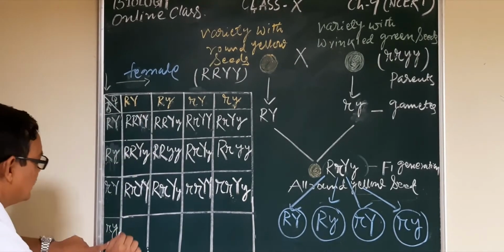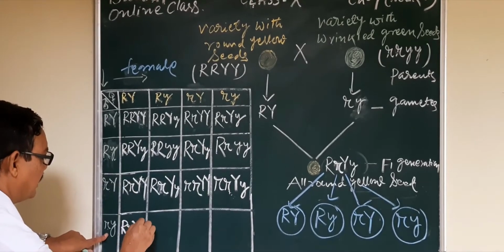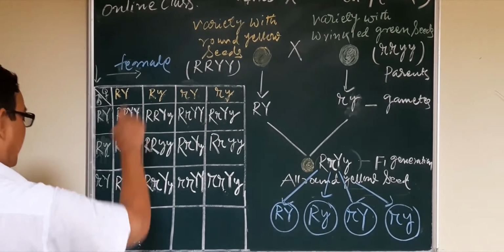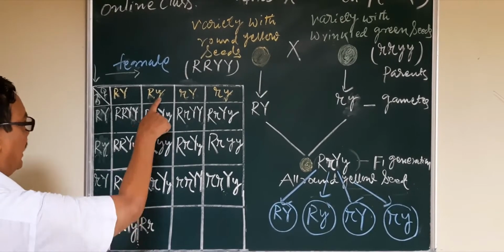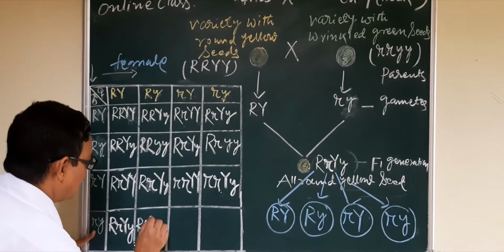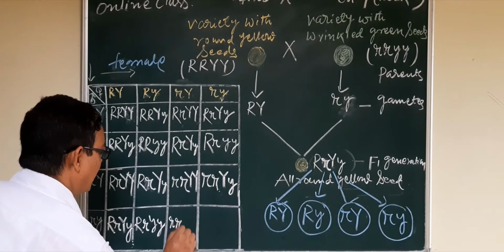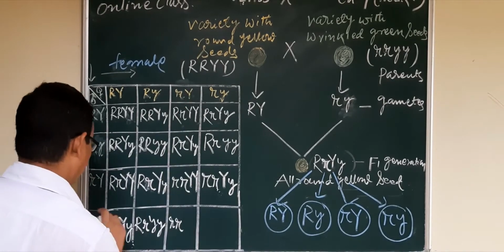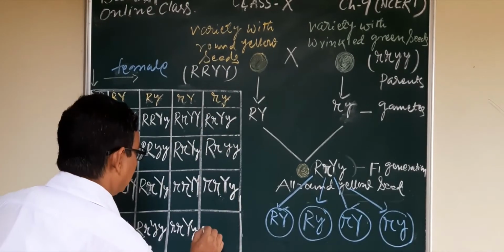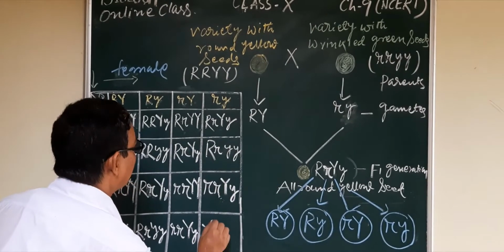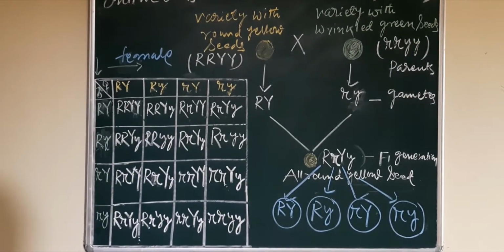Now come to this side: capital R, small r, capital Y and small y; capital R, small r, small y, small y; small r, capital Y, small y. Now the last one: small r, small y. In this way we have completed this table.